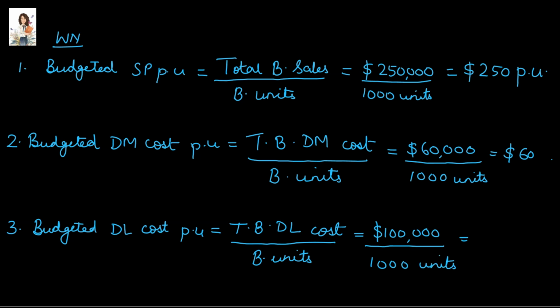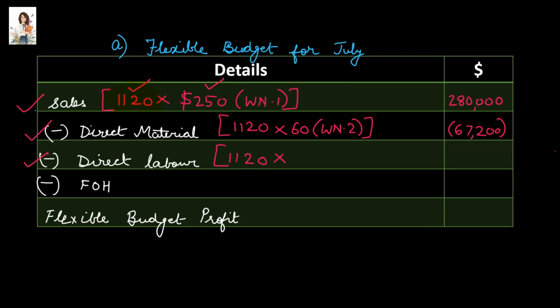Therefore, we get budgeted direct labor cost per unit is $100. In our main answer, in the row for direct labor, we will write $100 and give the reference of working note 3. Therefore, the direct labor cost in the flexible budget for July will be $112,000.